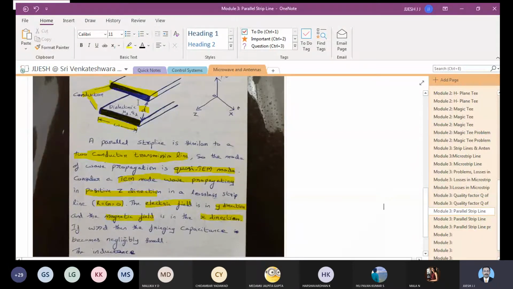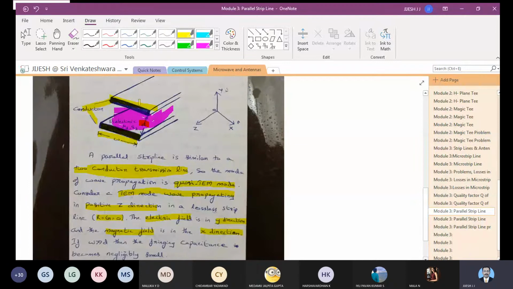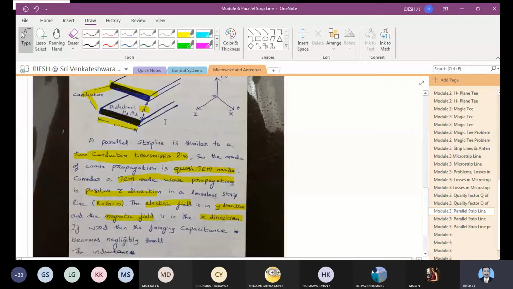One more thing we discussed: you can see in this figure that the dielectric material is placed here, and the strip has a width of W, separated by the dielectric at the bottom, while above it is free space, or air. So due to the dielectric as well as air, you have both.